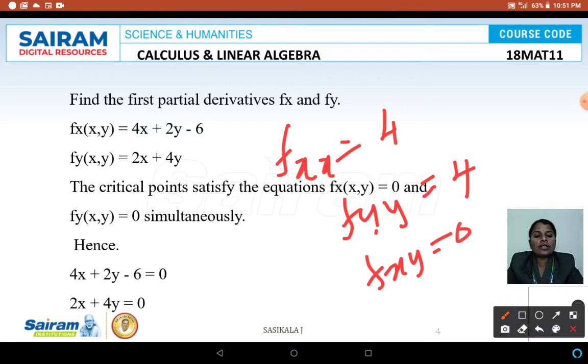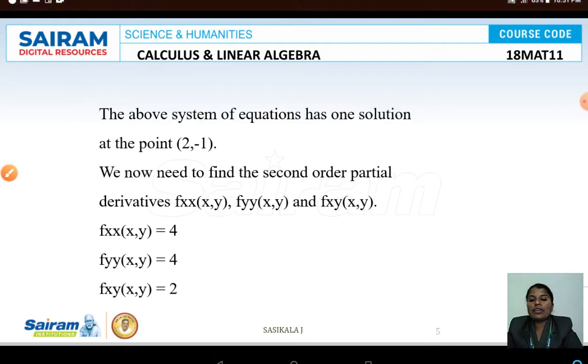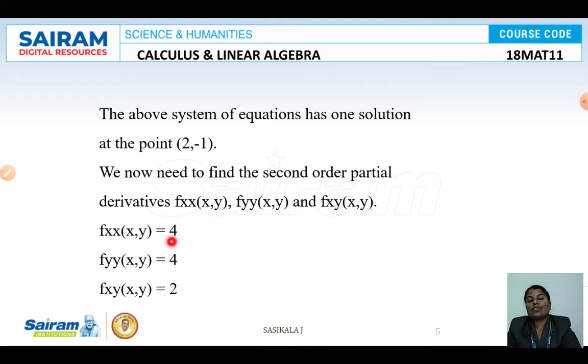So using this you can just do that. There is no need to substitute the point itself, because without substituting I have got constants.